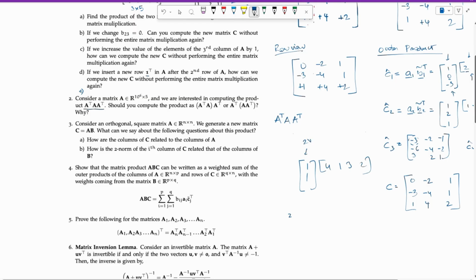This is a 2 cross 1 matrix. This is a 1 cross 4 matrix. So you'll get 2 cross 4. Can you actually compute this product? That's the first question. This is the A. I want to compute this. You can't multiply any 2 matrices you want. Can we multiply this?